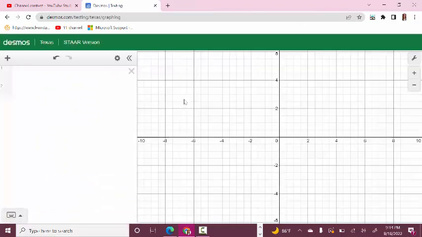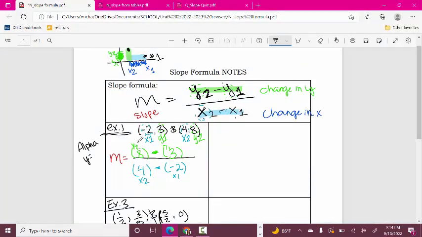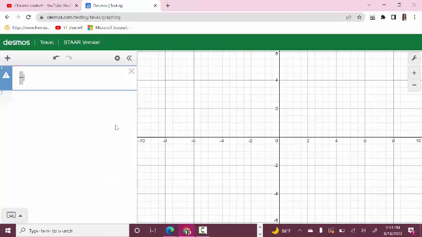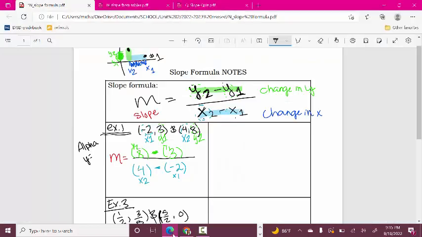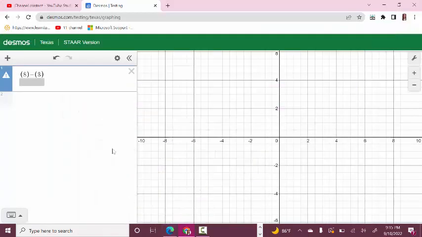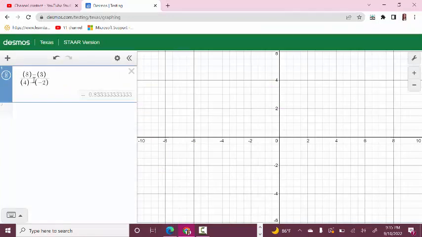Okay, so we had a fraction, and in the numerator, we had 8 minus 3, and then in the denominator, we had 4 minus negative 2.